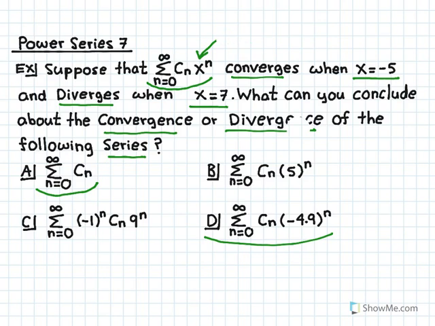Now, question C is a little bit trickier. What value of x do we plug into the power series to produce summation n equals 0 to infinity -1 to the power of n, c sub n times 9 to the power of n? If we do some algebra and rewrite this series as summation n equals 0 to infinity of -9 to the n times c sub n, clearly we plug in x equals -9 into the power series to obtain question C. Now, question D. What value of x do we plug into the power series to obtain summation n equals 0 to infinity c sub n times -4.9 to the power of n?